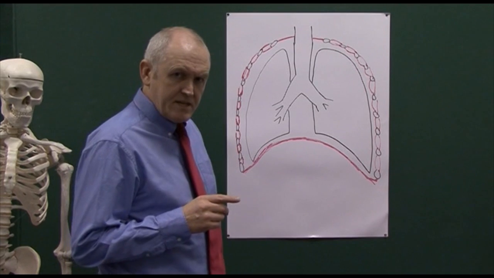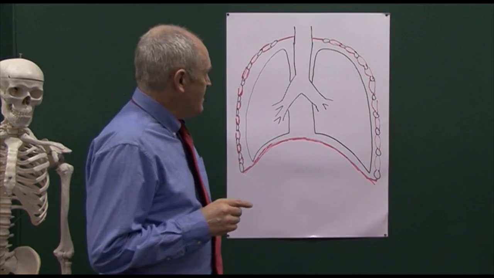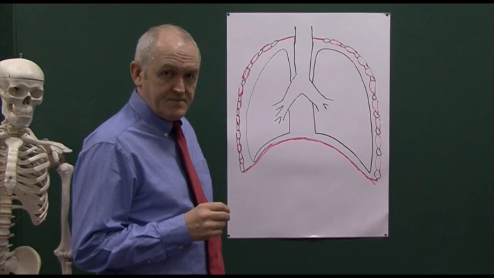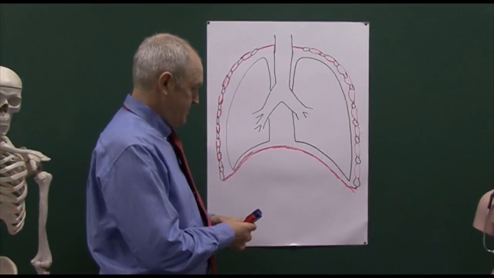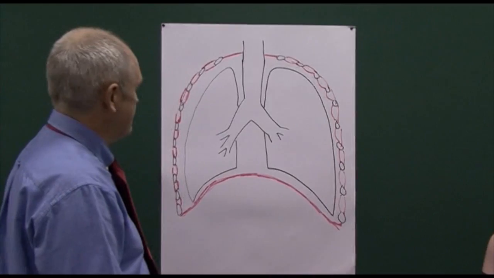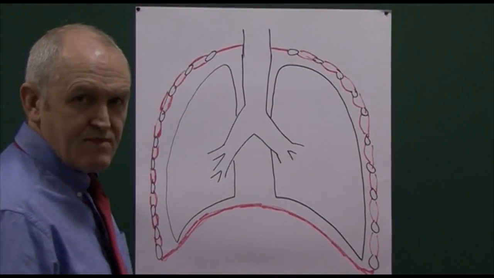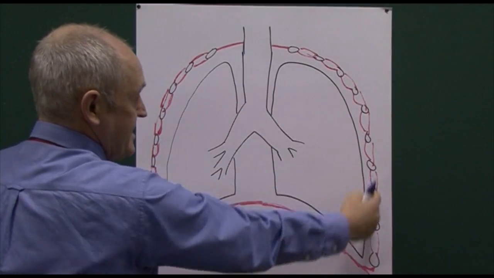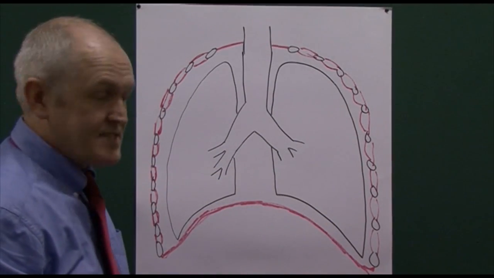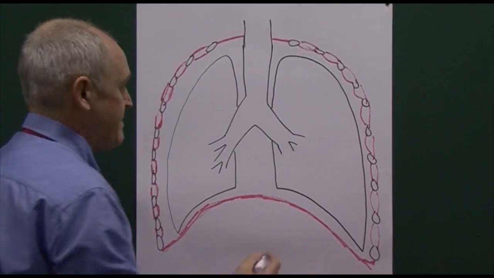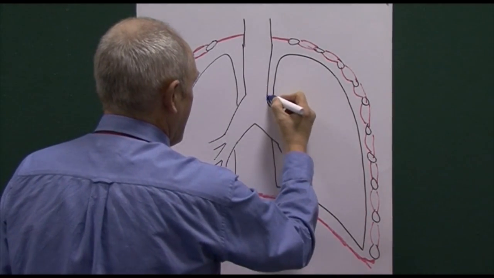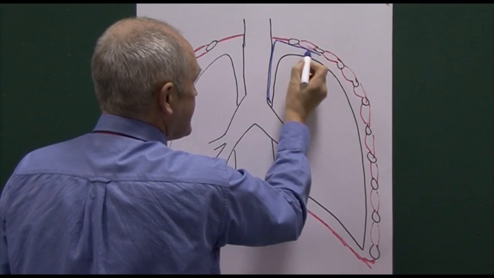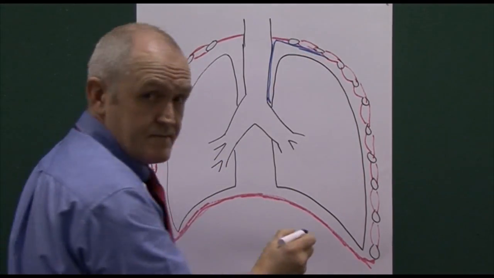But it's a little more complicated than this, because around the lungs we have the pleural membranes. So we've got a membrane surrounding the surface of each lung and a membrane surrounding the inside of the thoracic cavity. So let's try and draw these membranes now. Now this is the parietal pleural membrane that I'm now drawing.